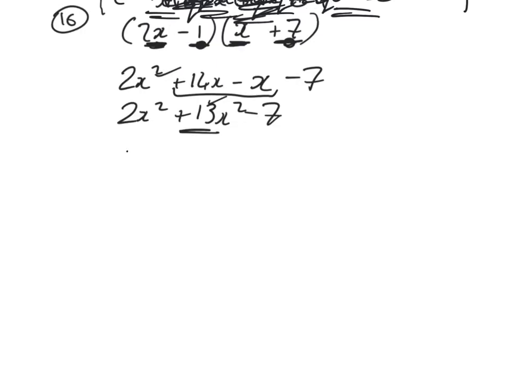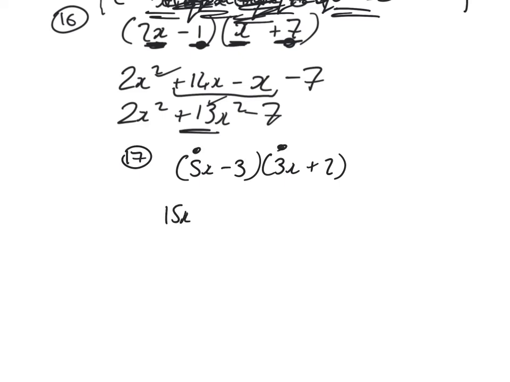Okay, example 17. (5x minus 3)(3x plus 2). Okay, first 5x times 3x is 15x squared. Outsides 5x times 2 is 10x. Insides minus 3 times 3x is minus 9x.